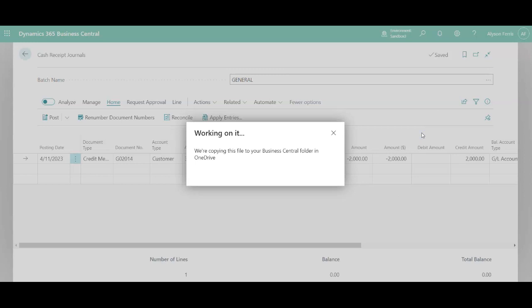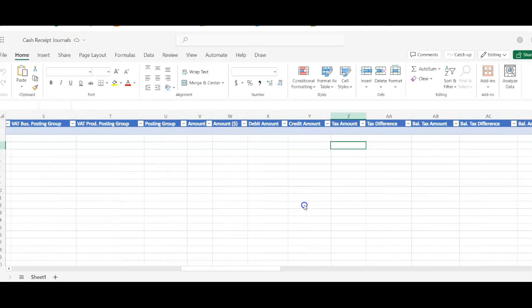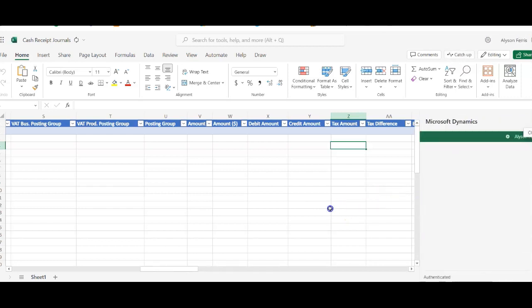And what this is going to do is it's going to bring my cash receipts journal entry into Excel. I had one already, so I'm just going to replace it with this one. It's going to bring it into Excel and open it up. And it's just going to take a few moments here to make the link.